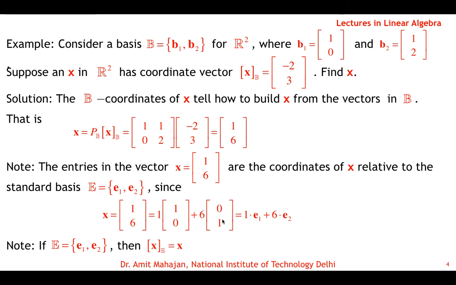The location of the point (1, 6) is nothing but 1 distance horizontally and then 6 distance vertically. So x and [x] are just the same in this case. But if you are given any other basis which makes the coordinate system of R2, then how much we move in the direction of b1 and how much we move in the direction of b2 to reach the x vector will be given by the B-coordinate of x.